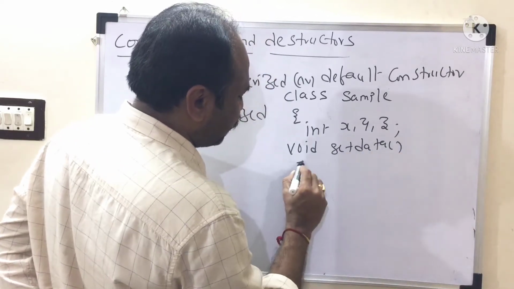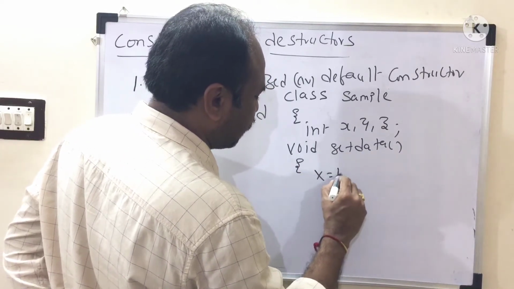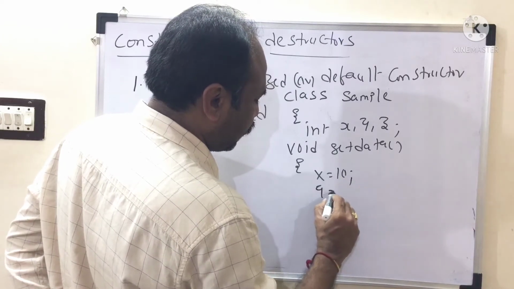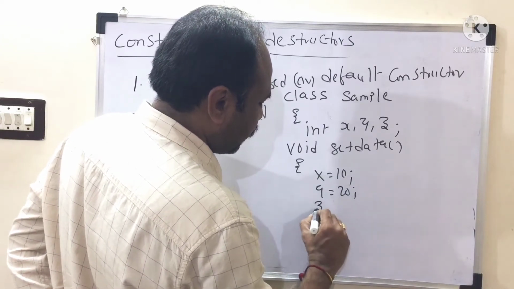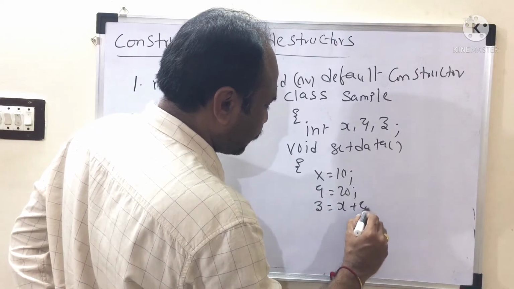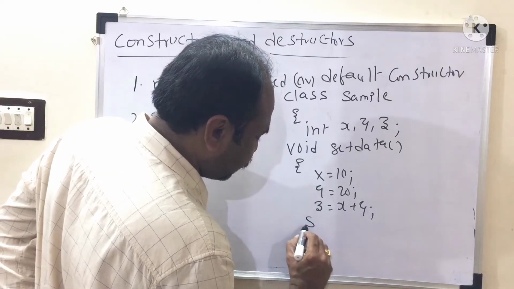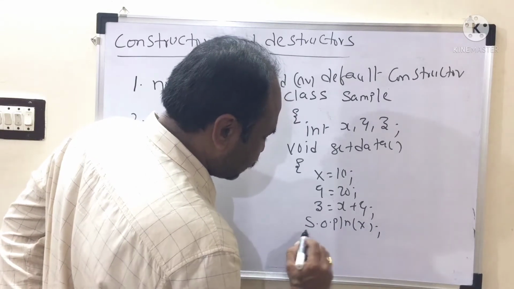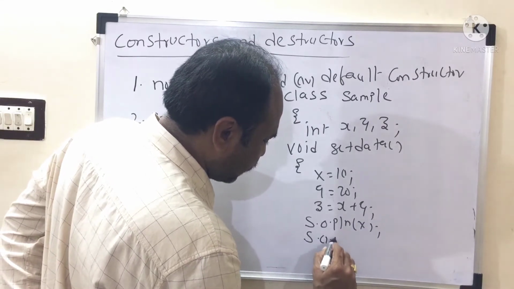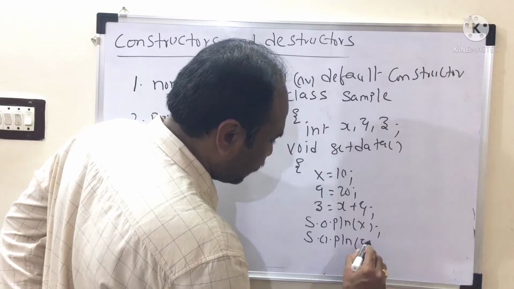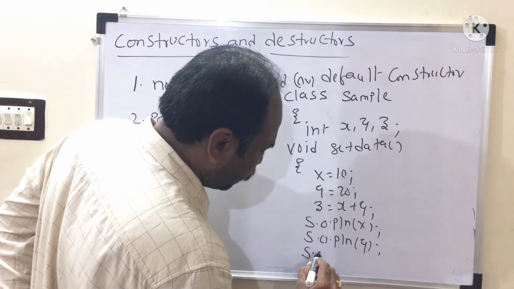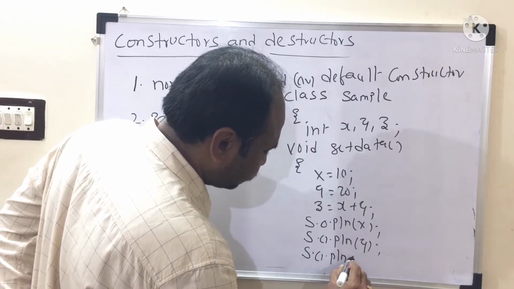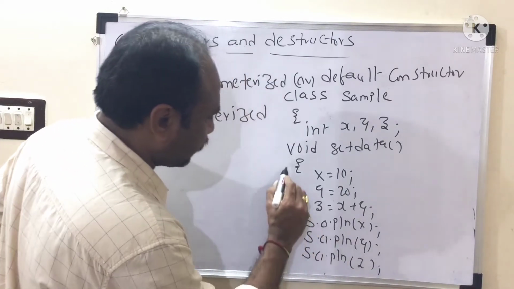In this getData method only, straight away I will assign and print: x equal to 10, y equal to 20, z equal to x plus y. I am printing System.out.println x, System.out.println y, System.out.println z.